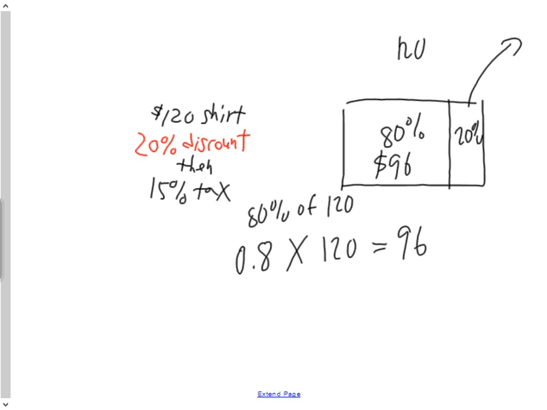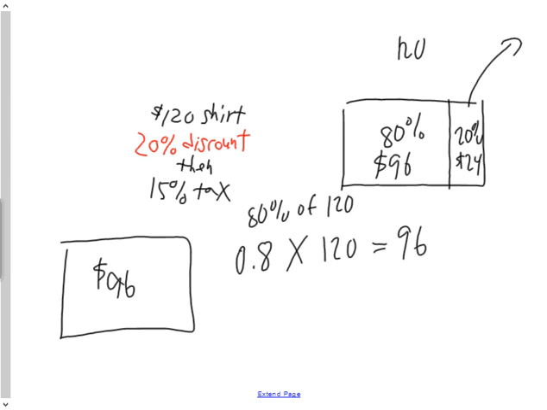So this is $96, and if you want to think of it a different way, the discount was $24. But we're trying to learn how to do it in just one step. So step 1 is to get $96. And the next part says there's 15% tax. So if I think of this box as being the $96 shirt, that is the 100% of the cost of the shirt now. On to that, I have to add this 15% tax.